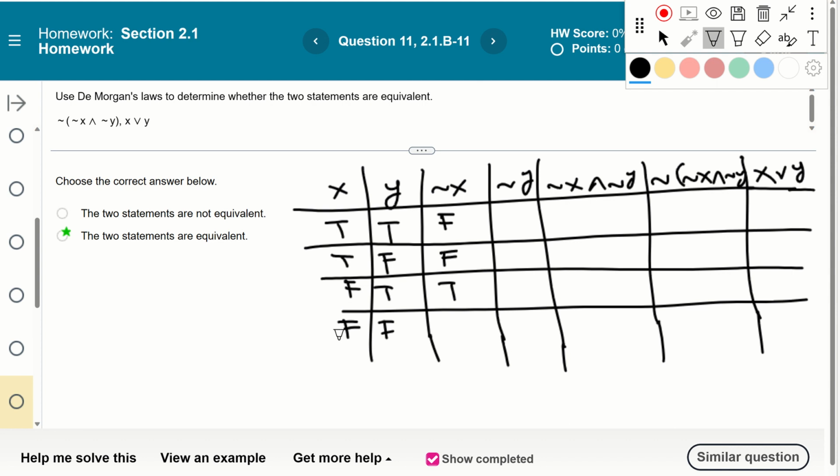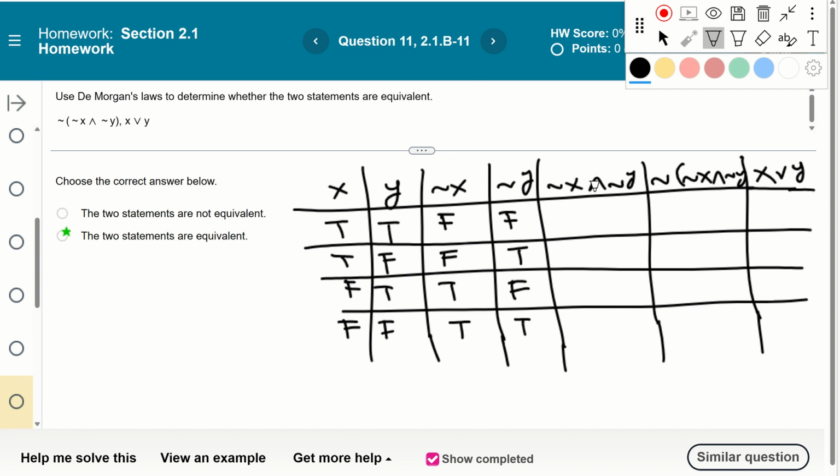Again, if x is false, not x is going to be true. Now, we're going to look at not y. If y is true, we know that not y is going to be false. If it's false, then not y is going to be true. If it's true, not y is going to be false. And if it's false, not y is going to be true.